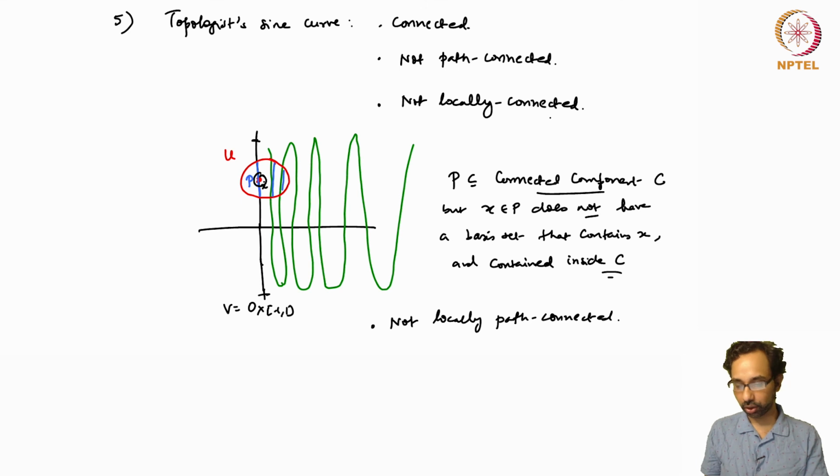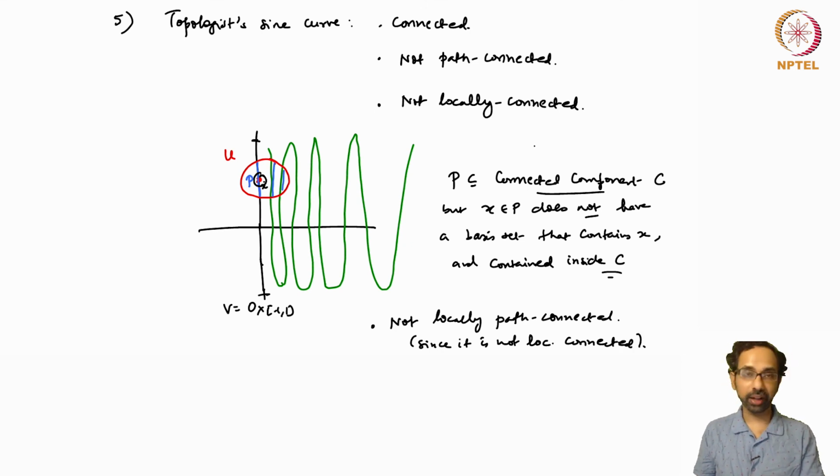Just because it is not locally connected, it is not locally path connected, because locally path connectedness implies locally connectedness.